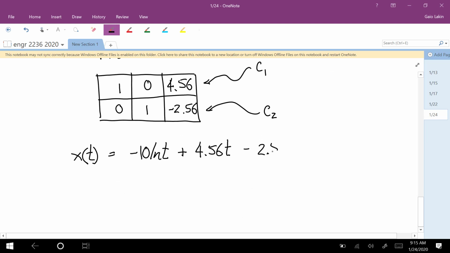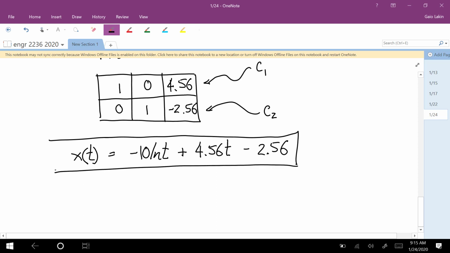Minus 2.56. And that's your final answer for x as a function of t. Any questions about that? Any other homework questions?